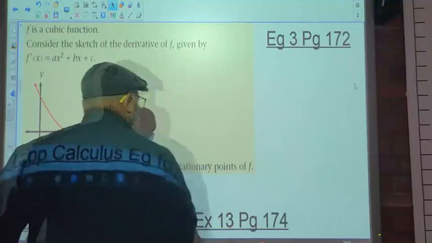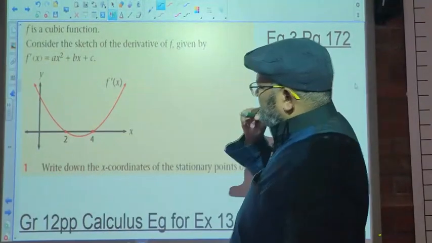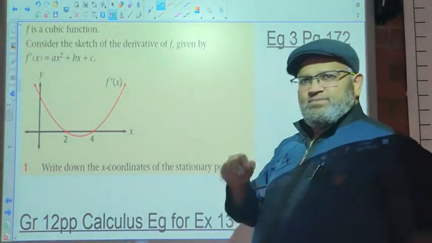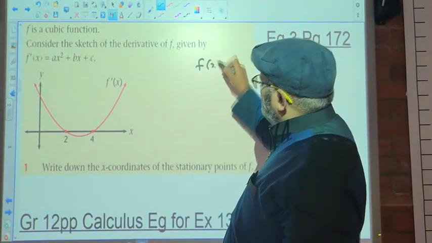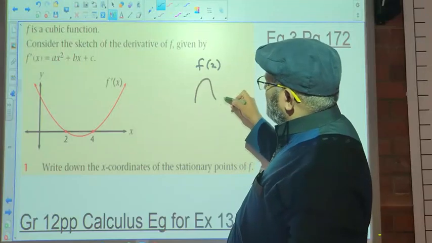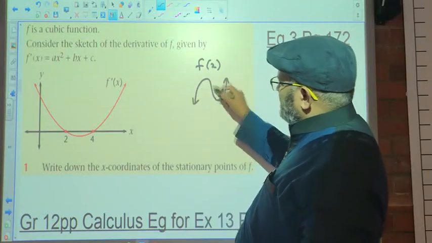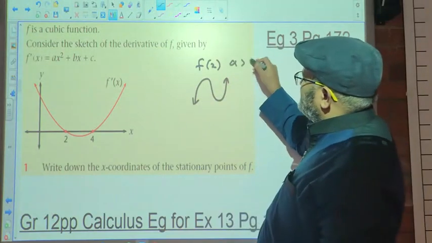So that takes us back a couple of lessons ago when we spoke about sketching of graphs. If the functional graph was a cubic function in that format, this means to say that a is greater than 0.